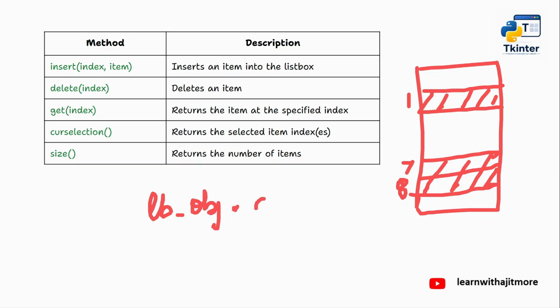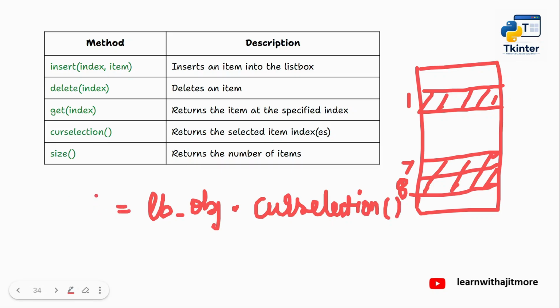Always remember, when you write your list box object dot cur selection, it will return a tuple, and in that tuple only the indexes of the items which are selected will come. Like here, the 1st item is selected, the 7th, the 8th.